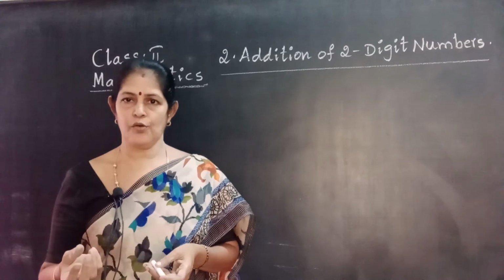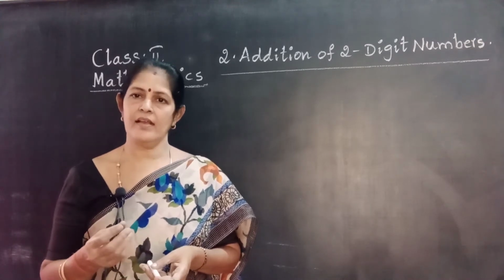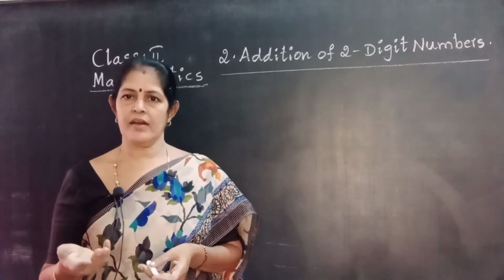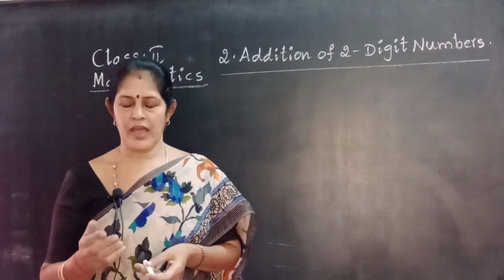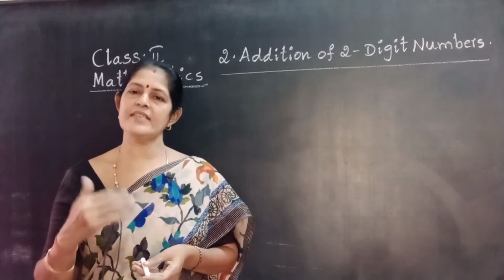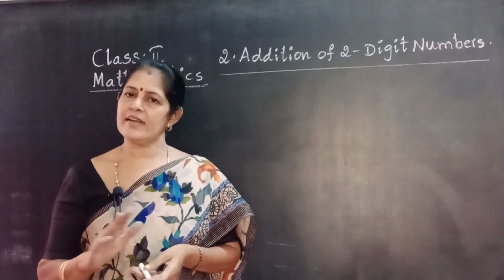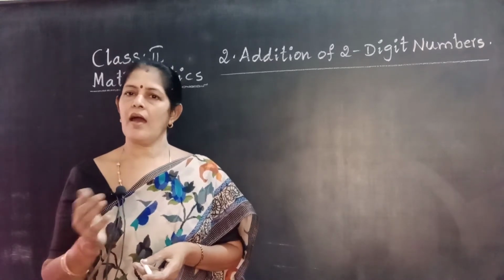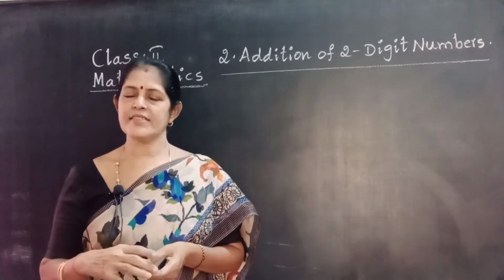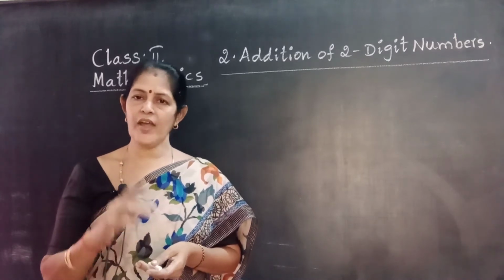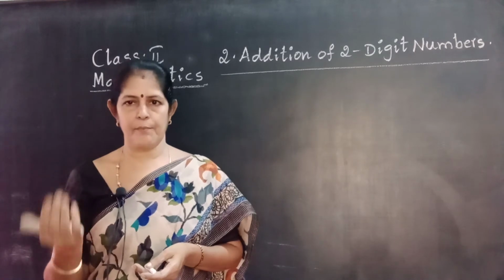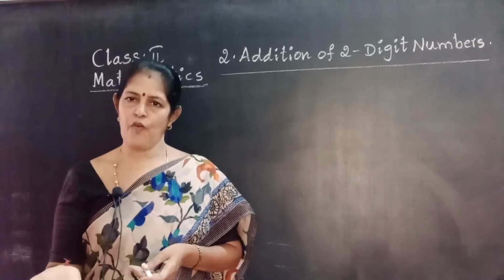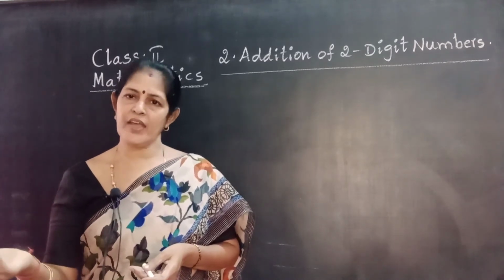Number plus 0: when we add 0 to a number, the answer is the number itself. That means the same number. The total does not change when we add 0 to a number or a number to 0. Next, when we add 1 to a number, we get the next number of the given number.